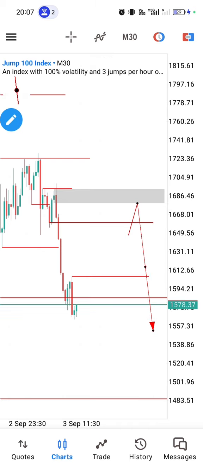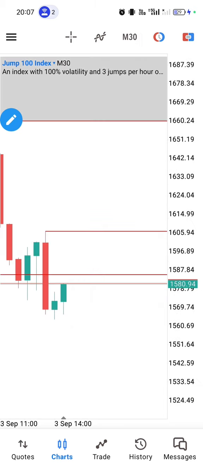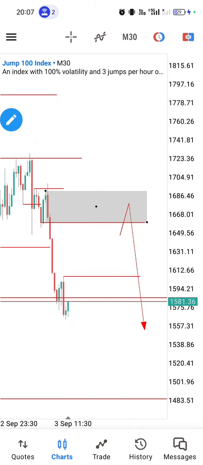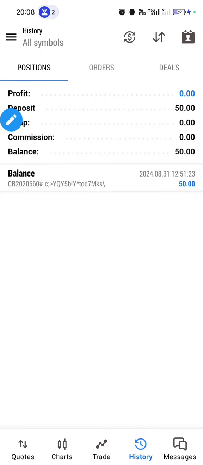So price is either going to respect the breaker block, the 30-minute order block or the 1-hour order block, and they are around the same level. It's almost basically the same thing, but where exactly am I going to be placing my sell limits? Of course, the 30-minute order block.